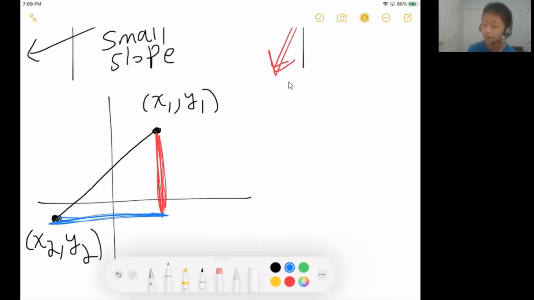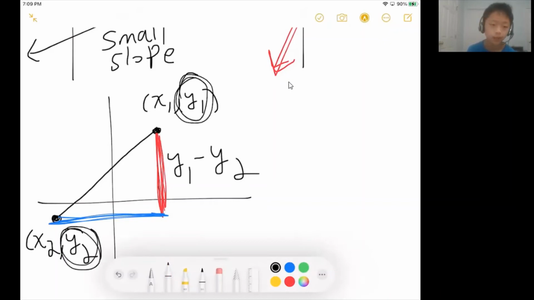The red distance is going to equal y1 minus y2, because this point has a y coordinate of y1 and this point here has a y coordinate of y2. So the vertical distance is y1 minus y2, the difference between the y coordinates.